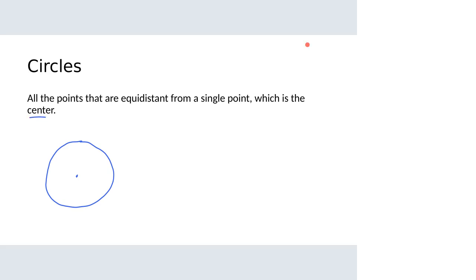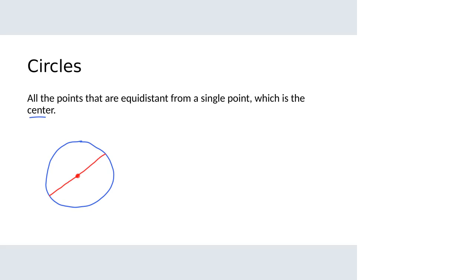And then there's some anatomy of a circle I want to make sure you're comfortable with. If we draw a line that goes all the way through the circle, it goes through the center and it goes from one side to the other. Does anybody remember what that's called? It's okay if you don't, but somebody might.